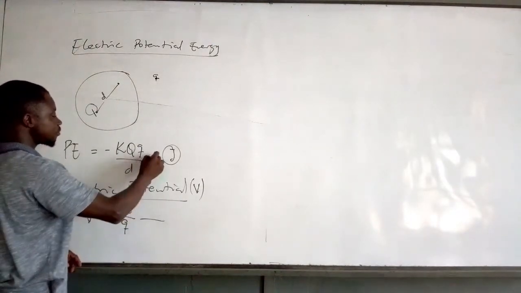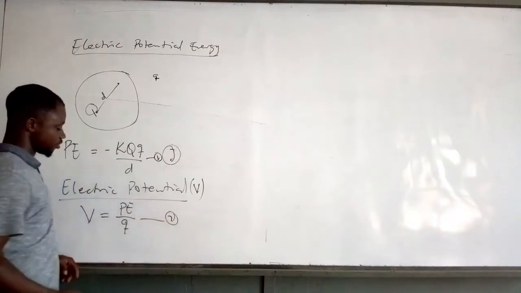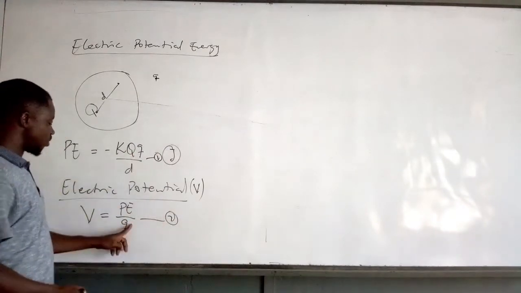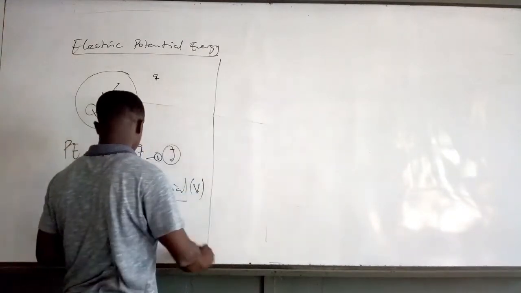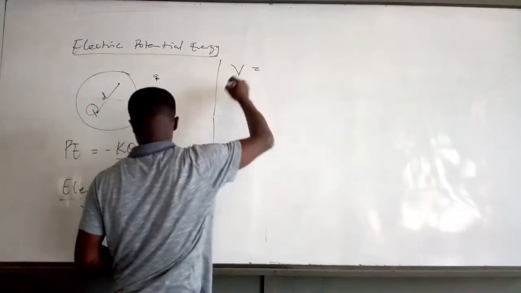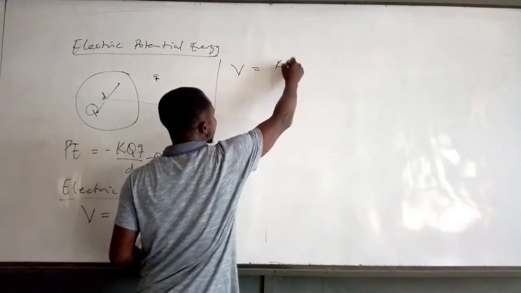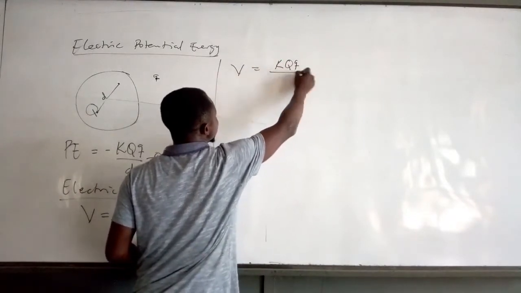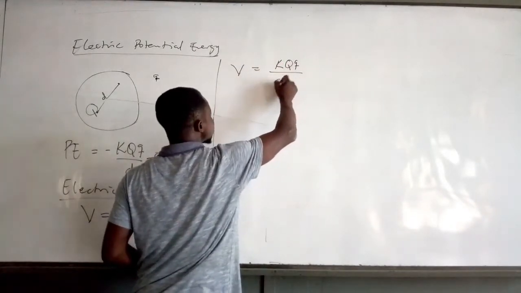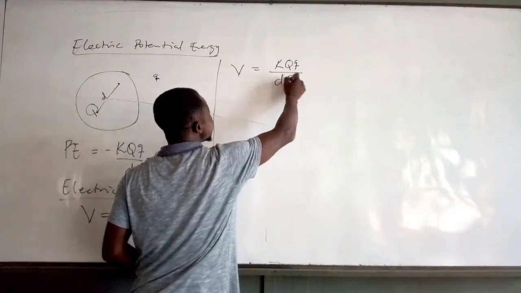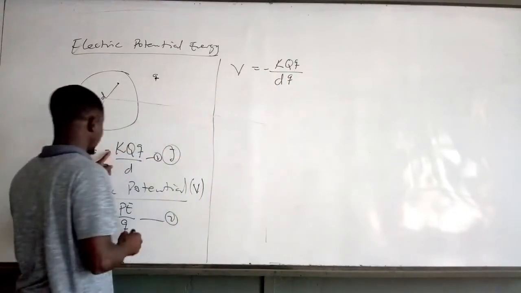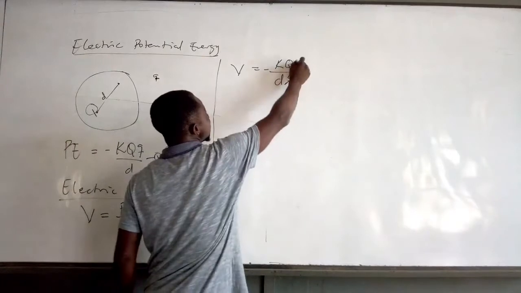All right? Let's call this equation 1, and this equation 2. When we pick this value and put it here, that will give us V is equal to negative K, capital Q, small q, all over d times small q. That will make the small q cancel.